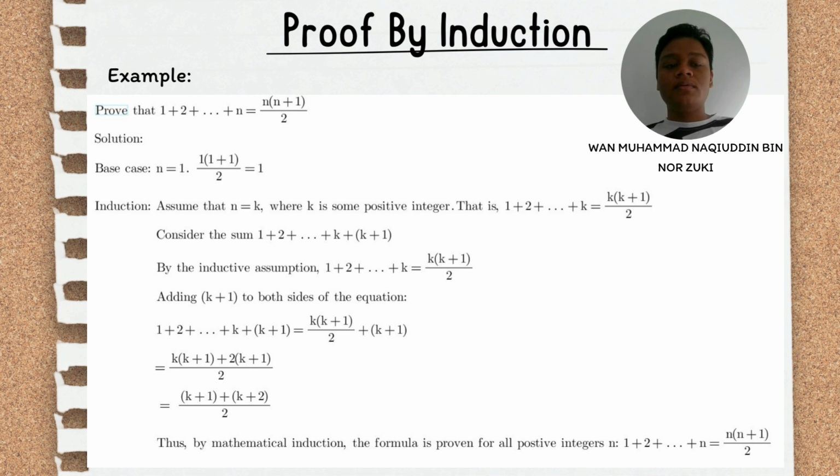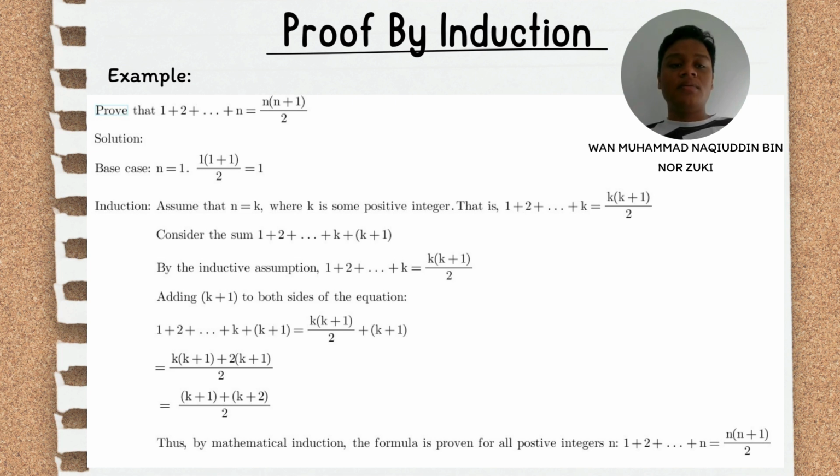First, for the solution, we do the base case, n equals 1. Replacing n with 1, we get 1 times (1 plus 1) divided by 2, which equals 1.